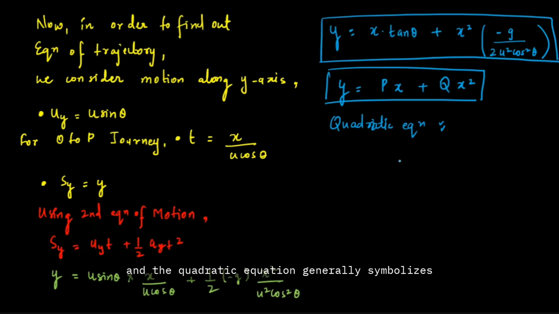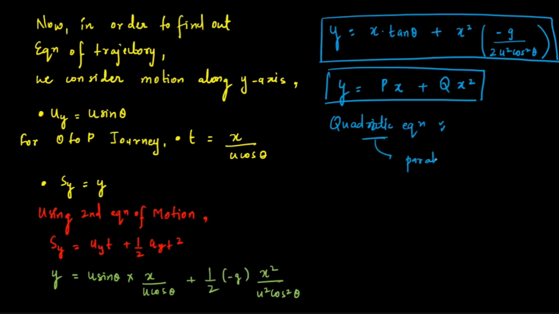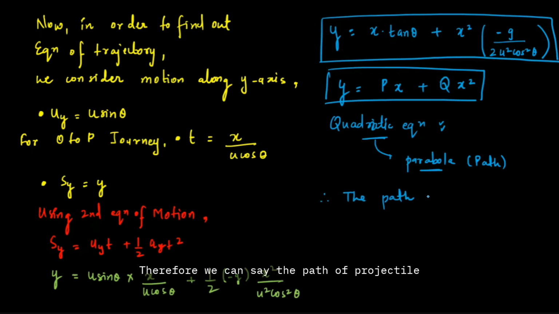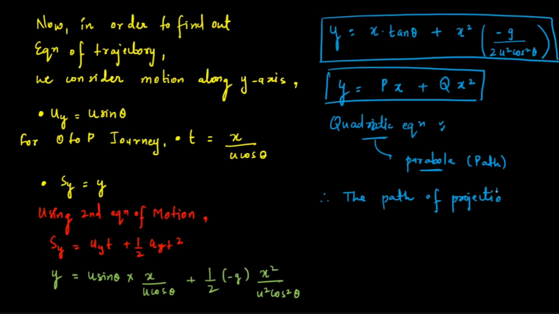And the quadratic equation generally symbolizes a parabola. This parabola will give us the path. Therefore, we can say the path of projectile is parabolic in nature.